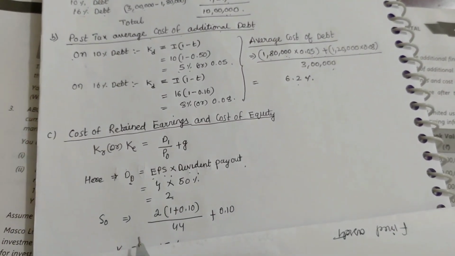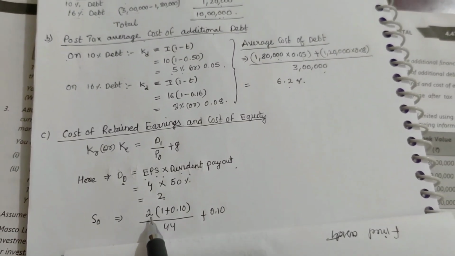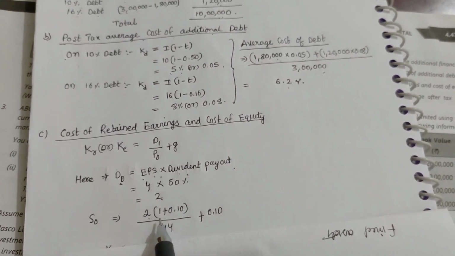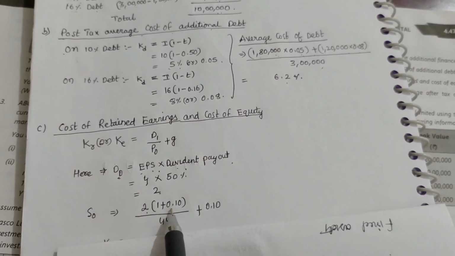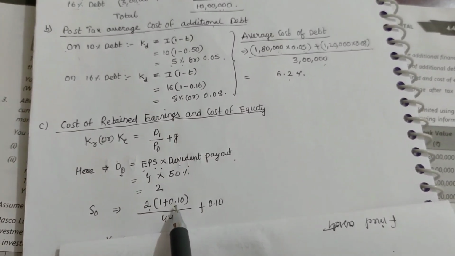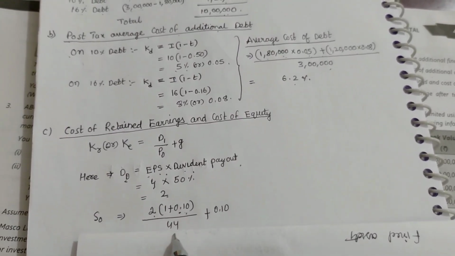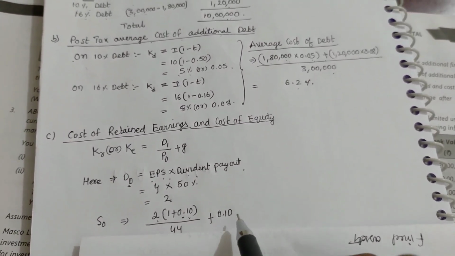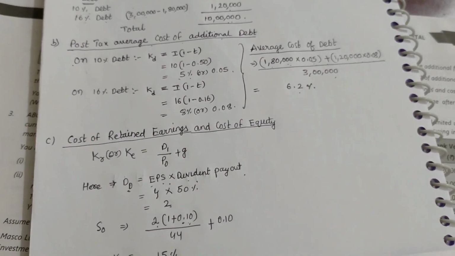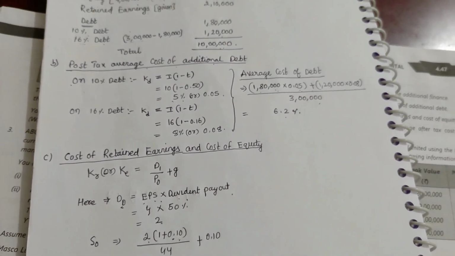So KE is equal to 2 rupees into 1 plus G, 0.10 growth, divided by 44 rupees, plus 0.10. KE is 15%.